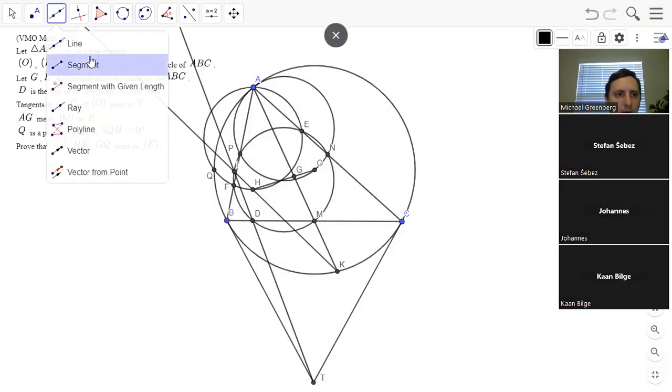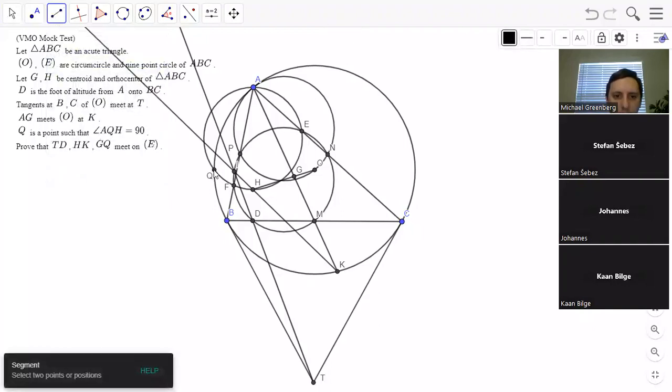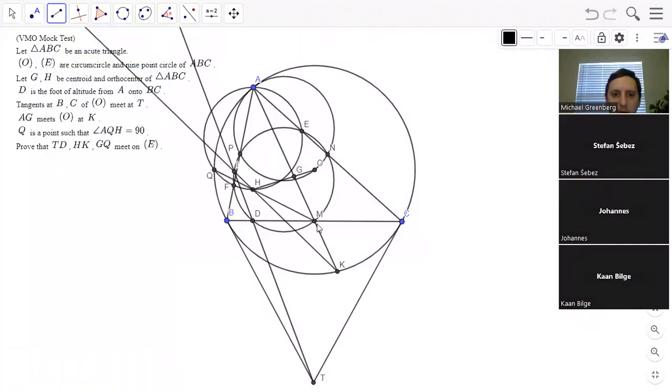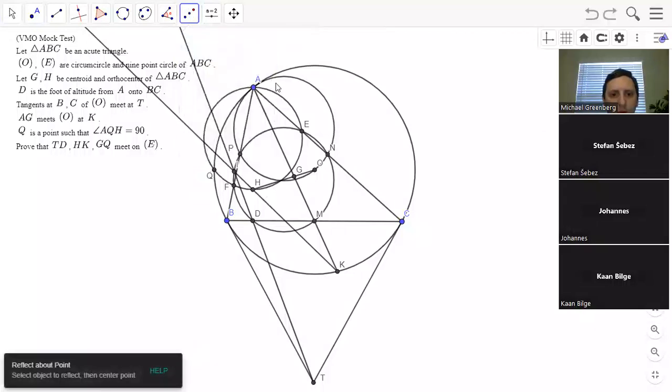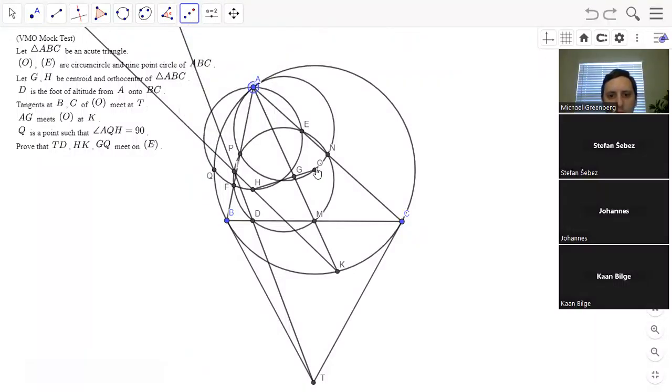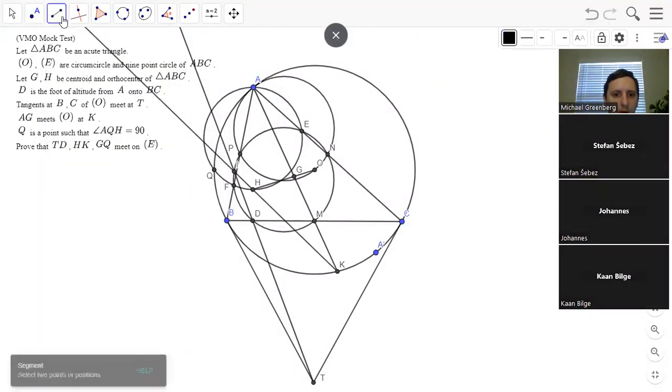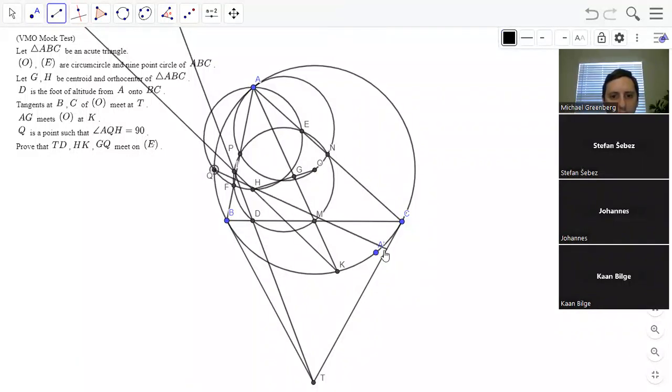So yeah, we could draw HM and Q, and of course this line also passes through the antipode of A. Might as well draw that. So let me do a couple of things here. So this is the antipode of A. These all lie on a line.